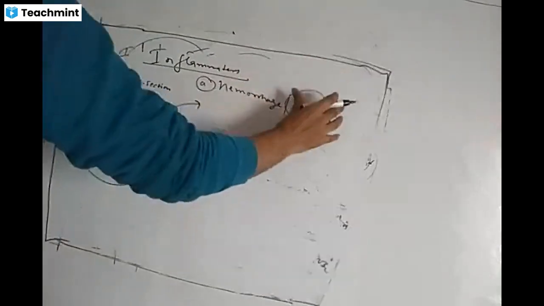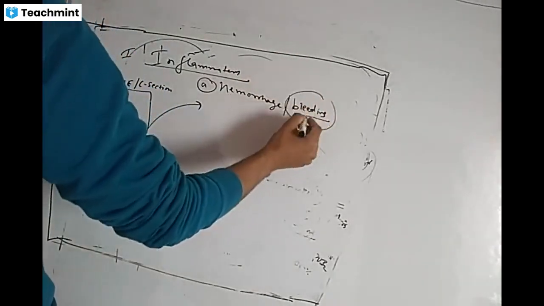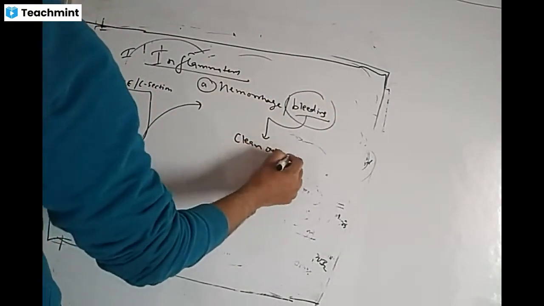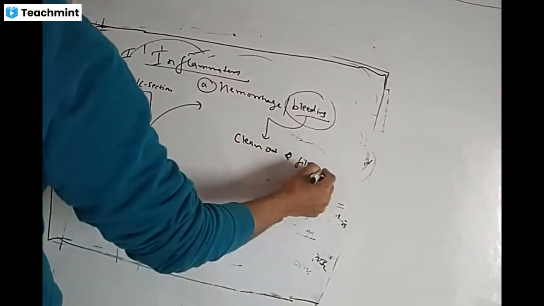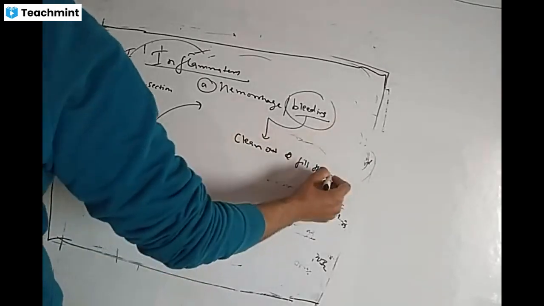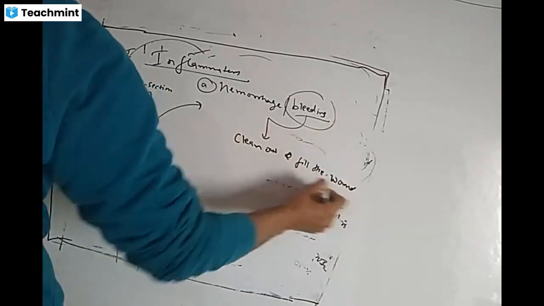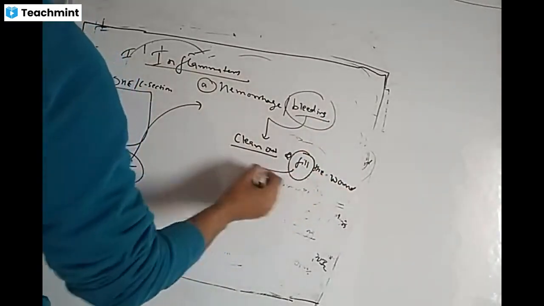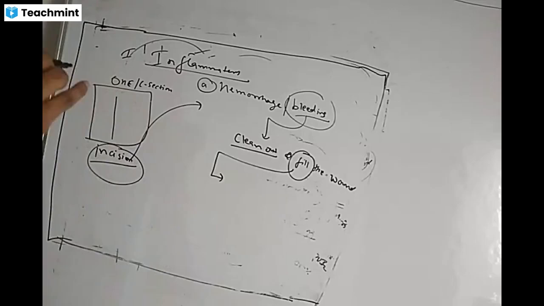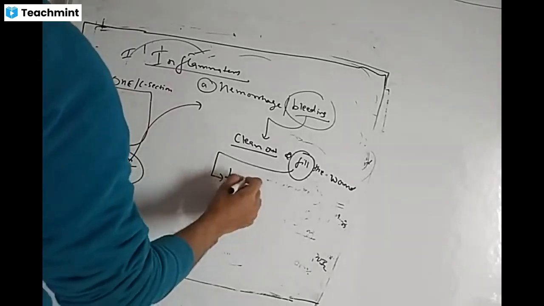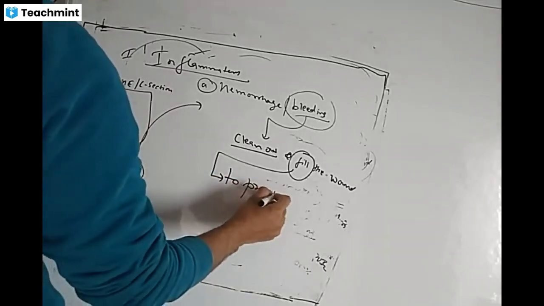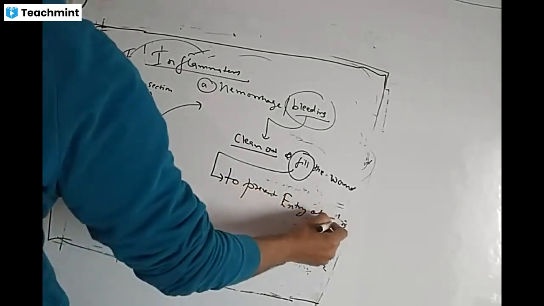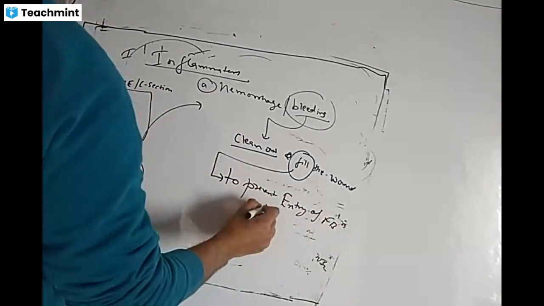The role of this bleeding is to clean out and fill the wound. What is the meaning of filling the wound? It means it prevents the entry of foreign bodies or any kind of dirt.